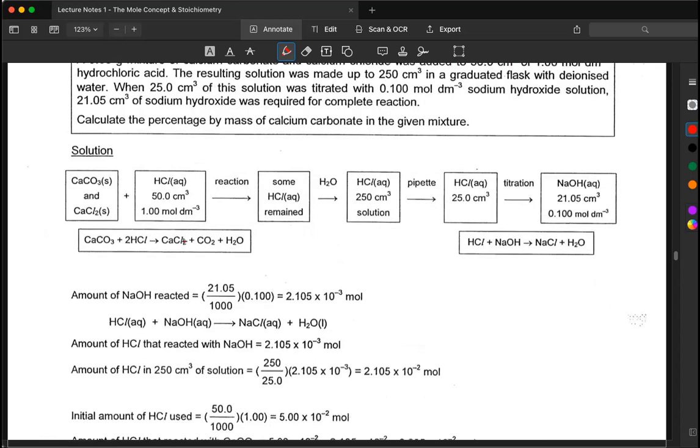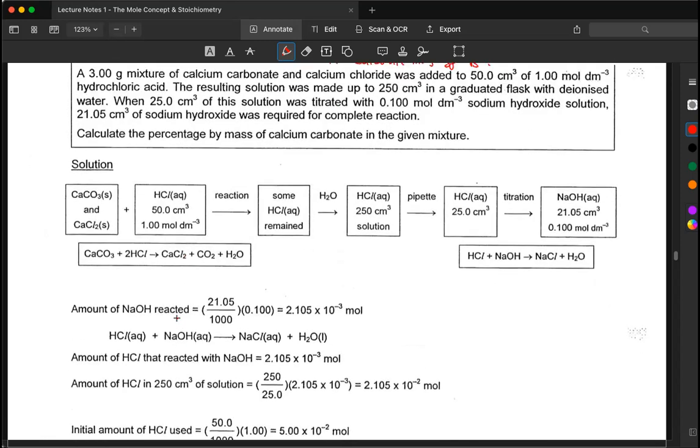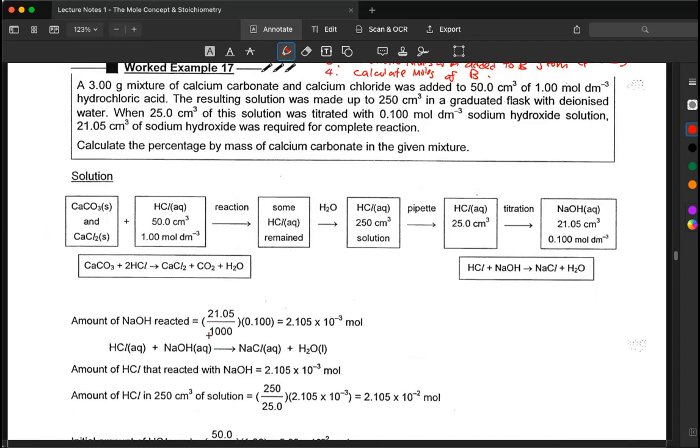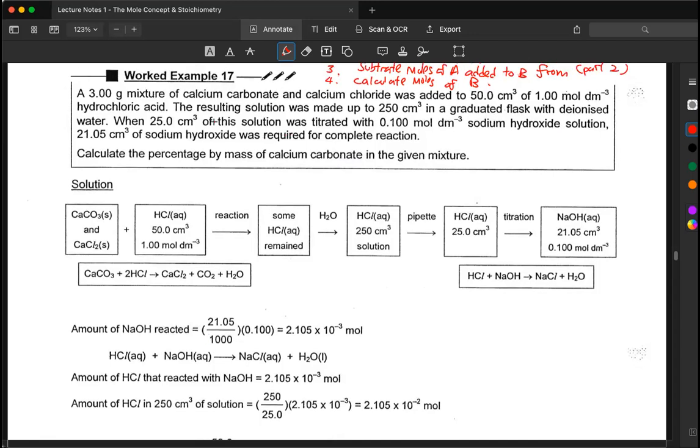To do this, you first work out how much sodium hydroxide reacted in the second step, which is the titration step. Excess acid was actually used. It has to be, because what reacted with the sodium hydroxide is the excess acid that is unreacted after its reaction with calcium carbonate.